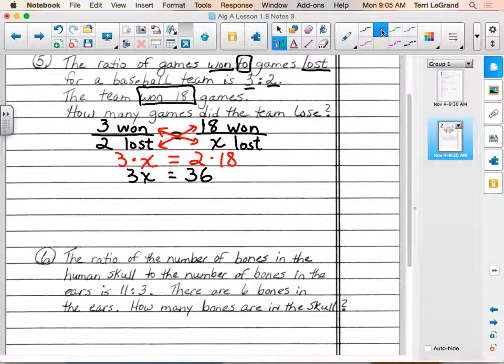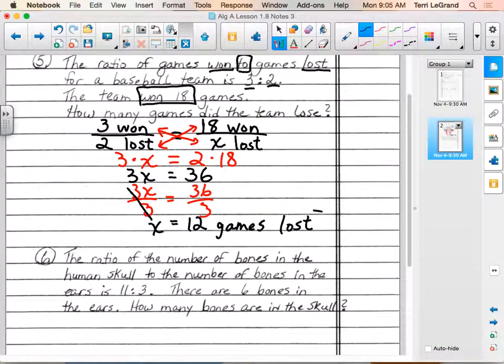Now we will divide both sides by 3 to get that x alone. And we're going to have x is equal to 36 divided by 3, and that is 12. So we're going to say these are 12 games lost. That's our label for it.